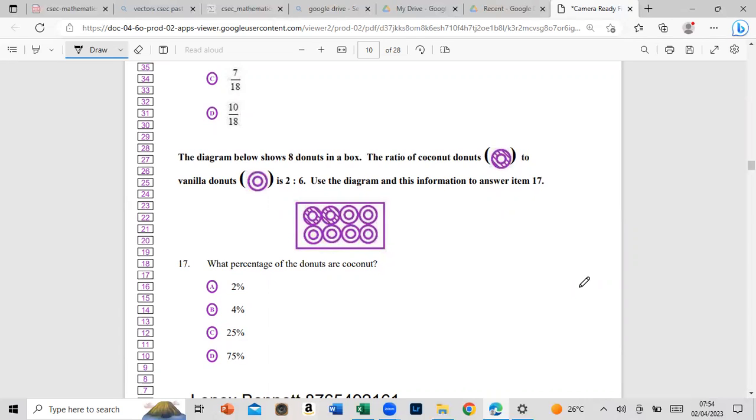So let us examine each. This is our coconut, because they told us that the diagram shows the coconut donuts to vanilla. So I'm going to just label it so we don't get it mixed up. All right, guys, there's nothing wrong with labeling your stuff. You are free to write on your paper.